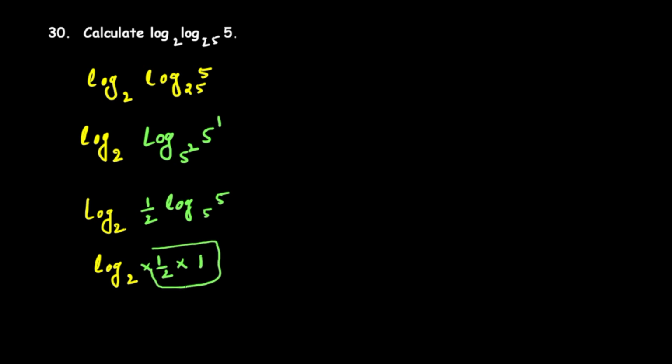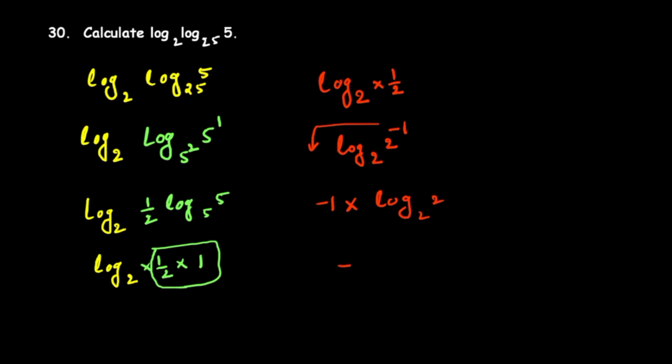So in the next step we write log 2 into 1 by 2. In the next step we write log base 2, and this 1 by 2 we write as 2 power minus 1. Correct? So this minus 1 we get again here. So minus 1 into log 2 base 2, and log 2 base 2 is 1. Finally the answer is minus 1.